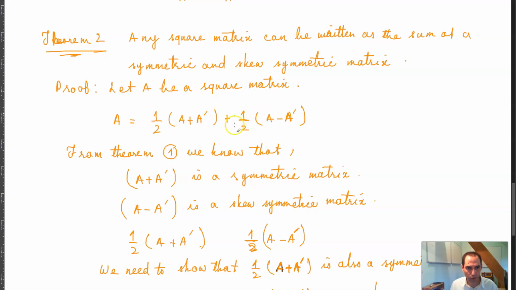So this would be a symmetric matrix, this would be a skew symmetric matrix, and therefore I would have shown that A could be written as the sum of a symmetric matrix and a skew symmetric matrix.